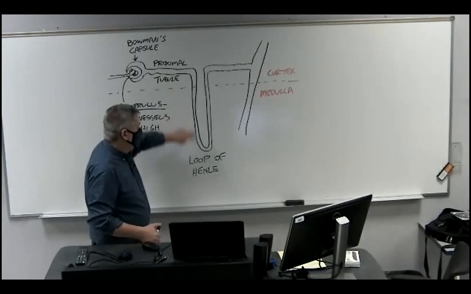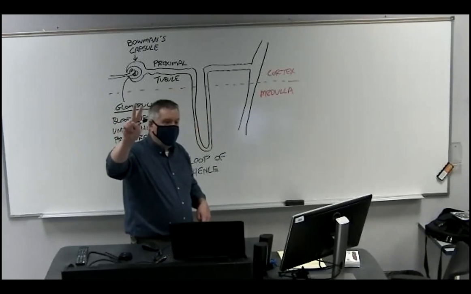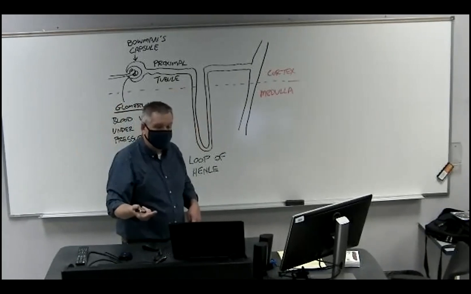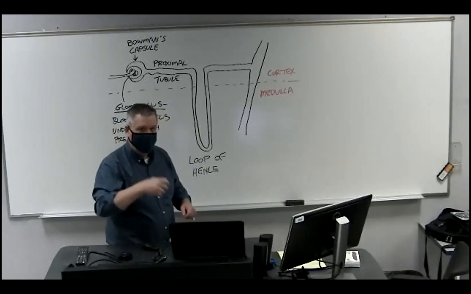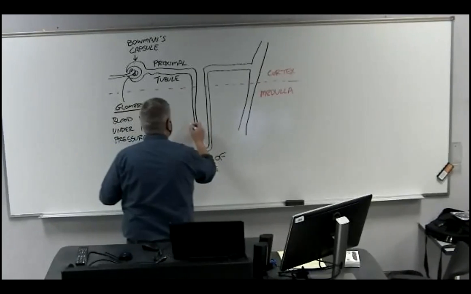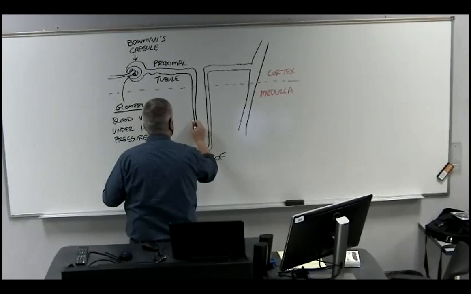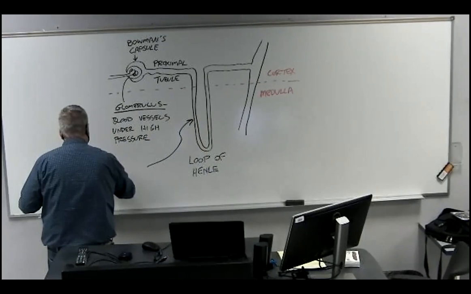Okay, so again, this structure here is the loop of Henle. We can divide the loop of Henle into two parts: the descending limb of the loop of Henle and the ascending limb of the loop of Henle. Over here on this side, this is the descending limb.